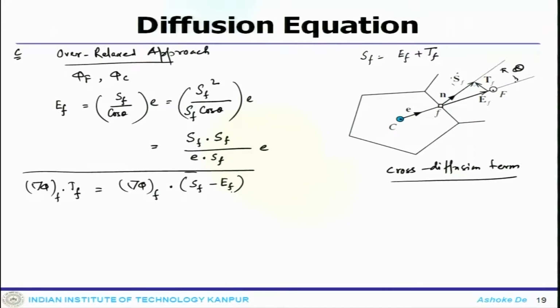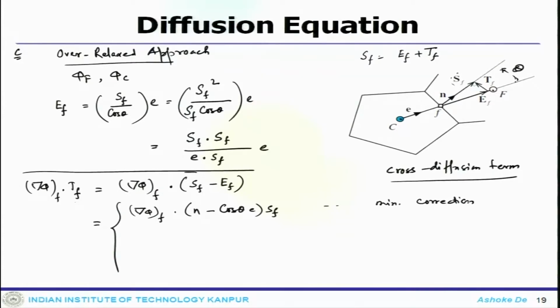We are trying to see the contribution from the cross diffusion term, which was essentially, for minimum correction, del phi f dot n minus cos theta E SF.